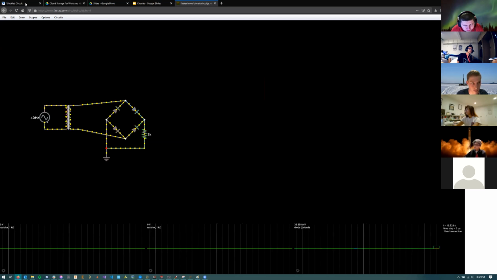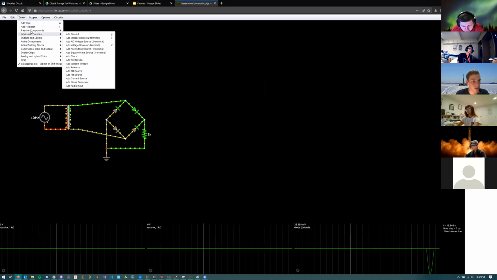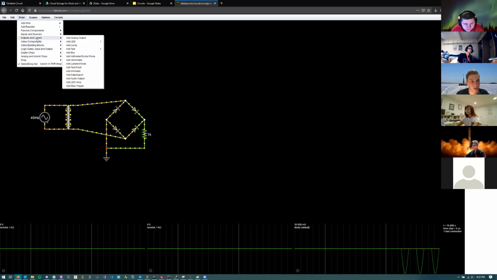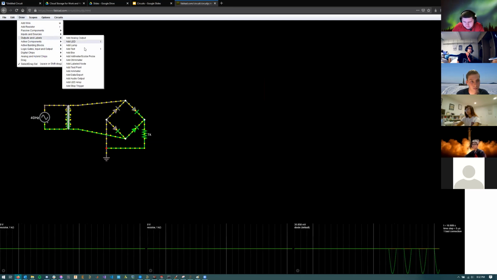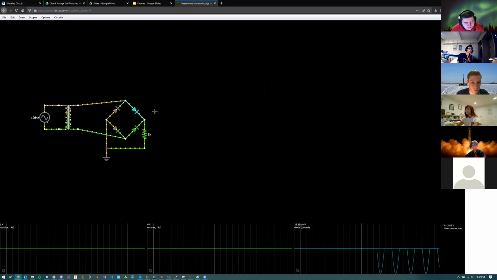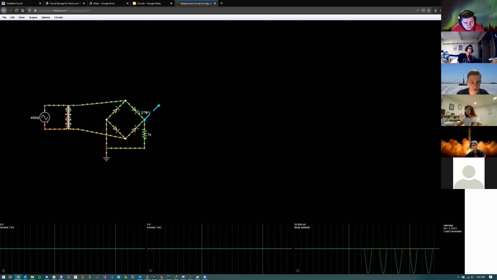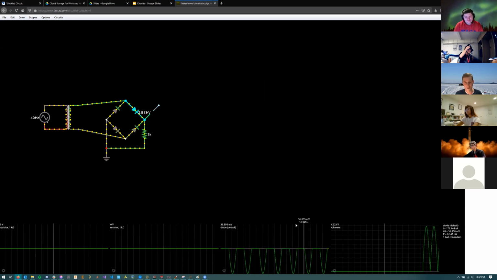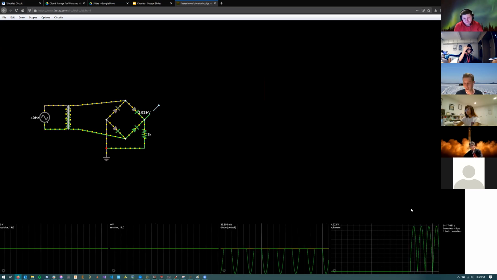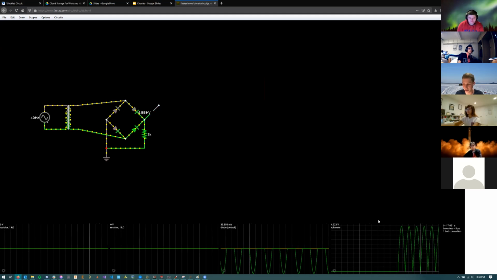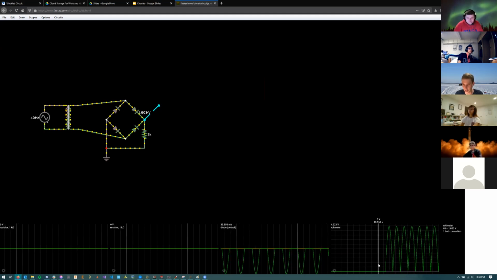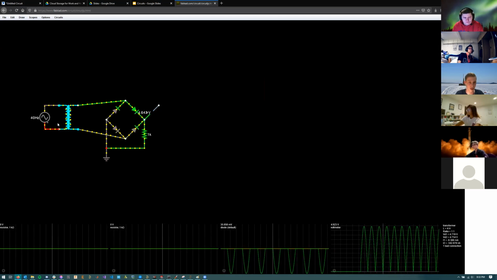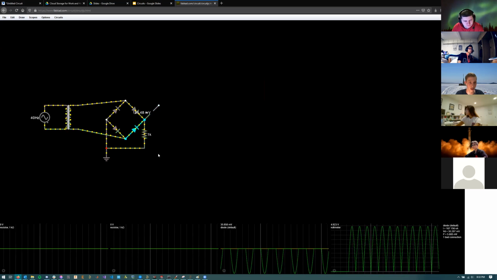Outputs and labels. This is kind of odd. Scope. Ah, that's one. Okay. Oh, now we have a fully rectified AC voltage. You can see both halves of the sine wave are in fact producing a positive voltage on the output. So you can see how current flows in this system.